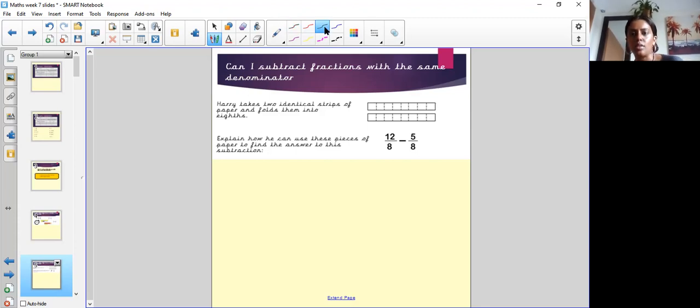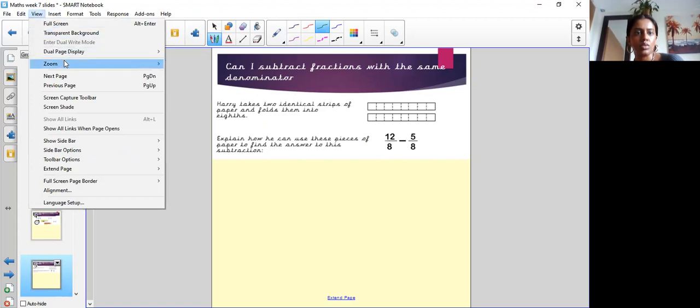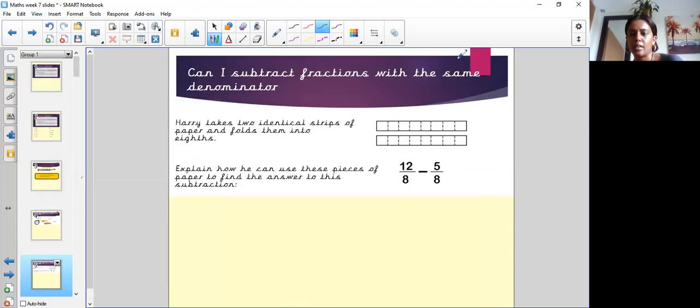So what we're going to do is have a look here. I'm just going to zoom in the screen a little bit bigger. There we go. And let's see how many we've got. So we've got 12. Let's count 12. 1, 2, 3, 4, 5, 6, 7, 8, 9, 10, 11, 12. Now, there's our 12, and we are taking away 5.